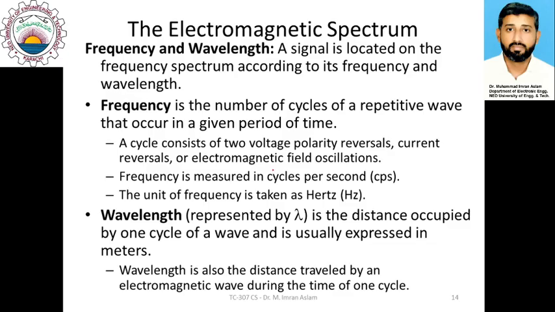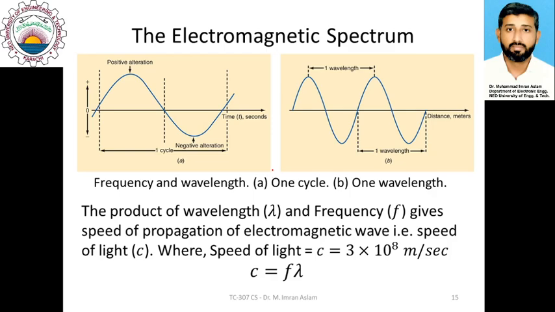There are two important things related to an electromagnetic wave. One is its frequency and second is wavelength. I hope you already understand that frequency is the number of cycles of repetitive waves that occur in a given period of time. So this is the illustration of the cycle.